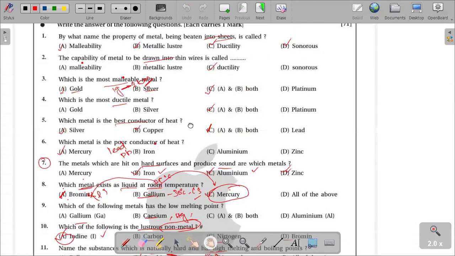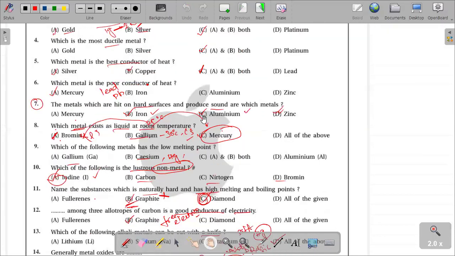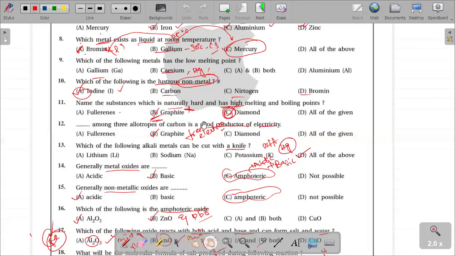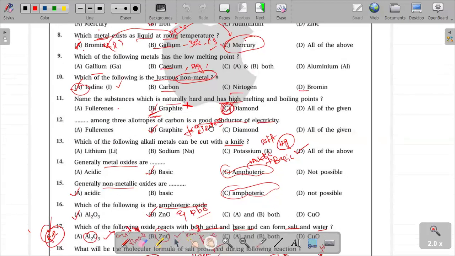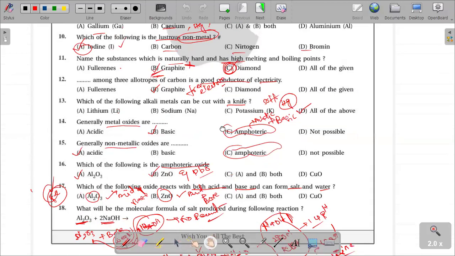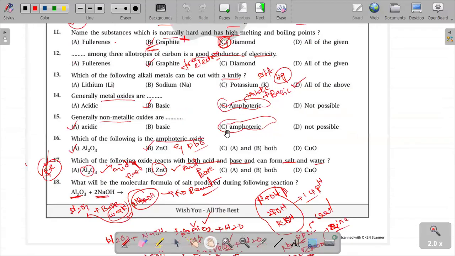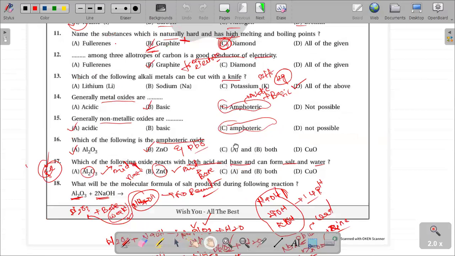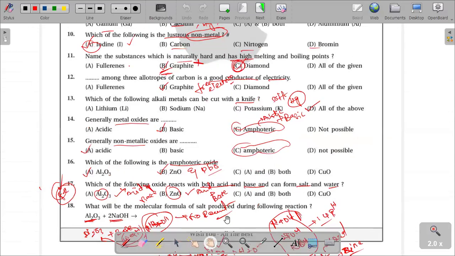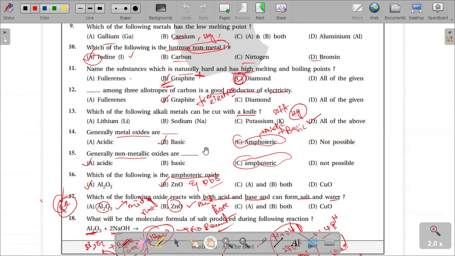Any doubt? Once go through that sheet I already sent through the group. Once you go through that, then only we'll get the idea. Without practice, we can't remember that shortcut method and all. Okay, sir.